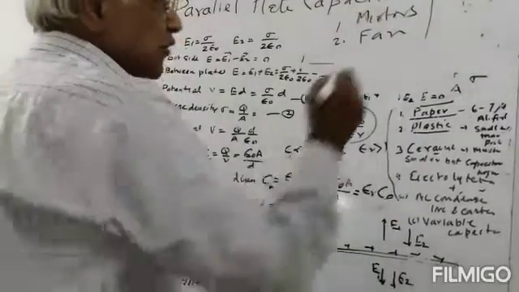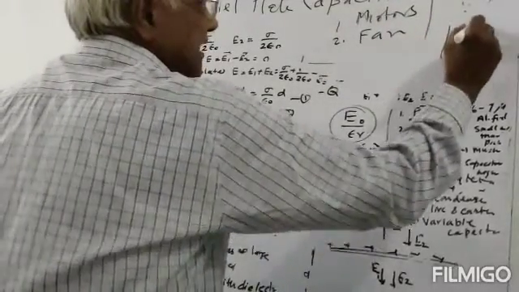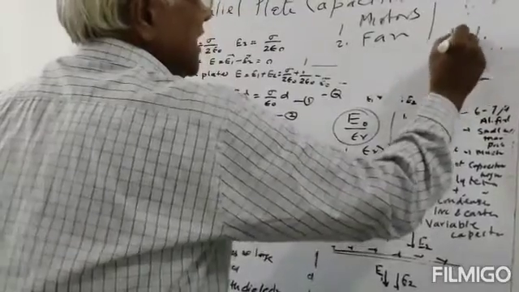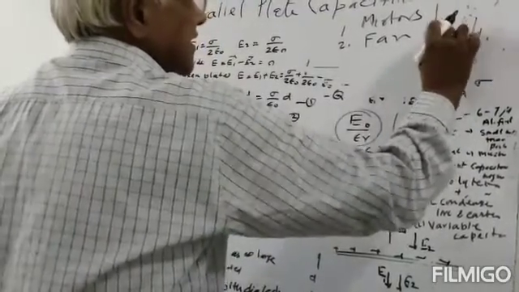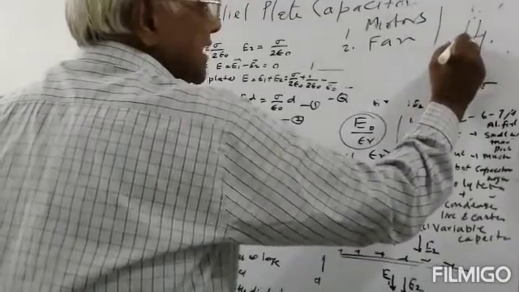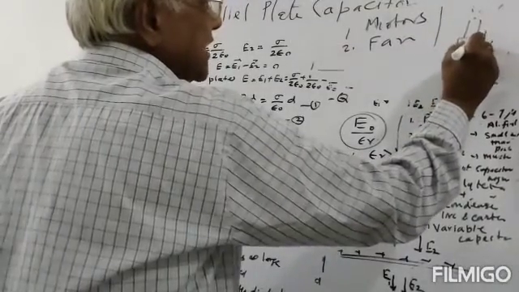If you see, you will see a capacitor is like this. It is aluminum, cylindrical and having two terminals. One terminal is light and another is earth.